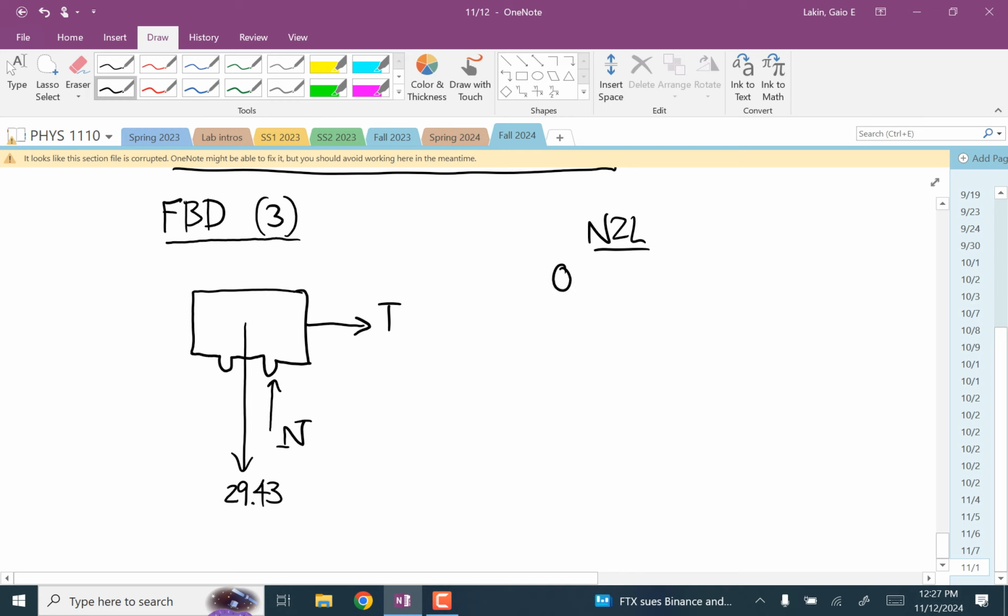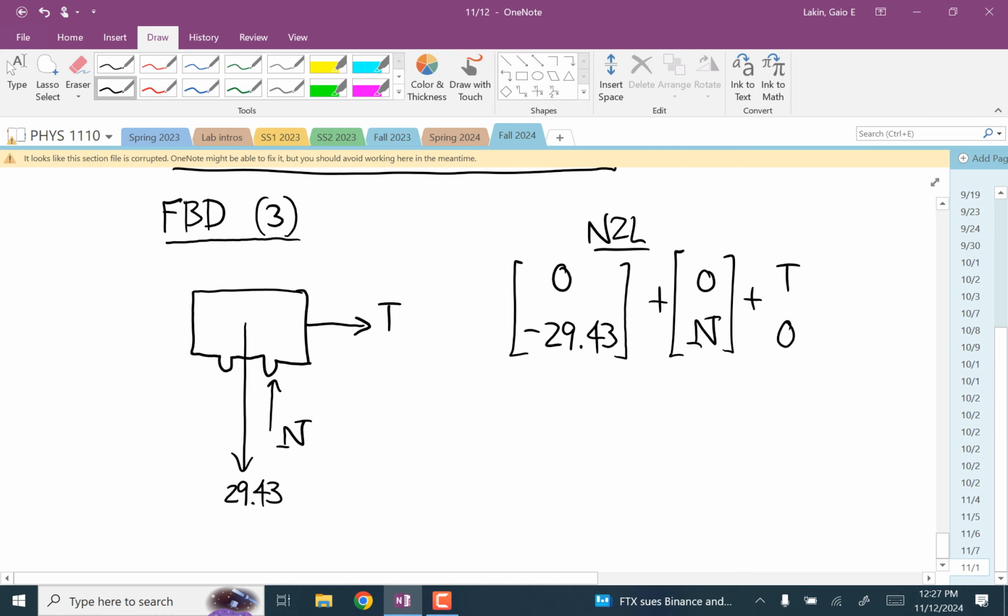So Newton's second law says 0, negative 29.43 plus 0, N plus T, 0 is equal to the mass times the acceleration. This is free to move along the x direction, so the acceleration is a, 0.